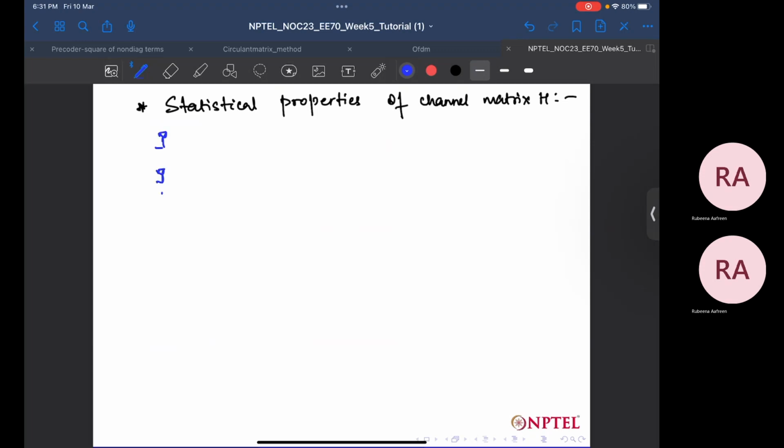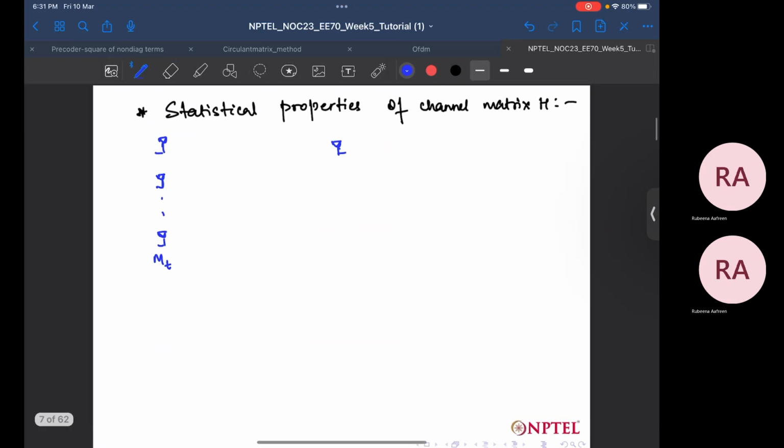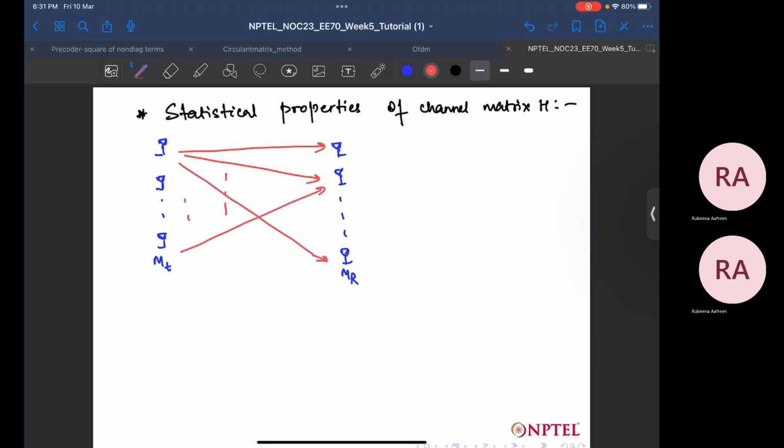I'll just draw the diagram once. These are the MT transmitters, and these are the MR receivers. And this is the channel. So our channel matrix H is MR cross MT.